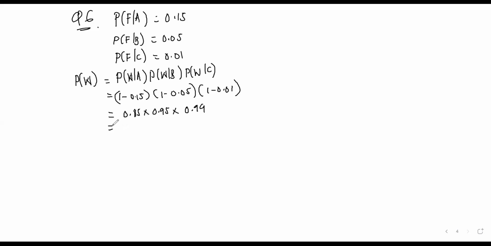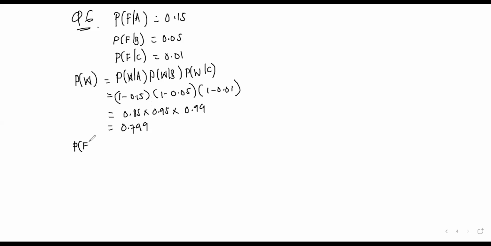When you multiply, what do we get? 0.85 multiplied by 0.95 multiplied by 0.99. So I'm getting 0.799425.